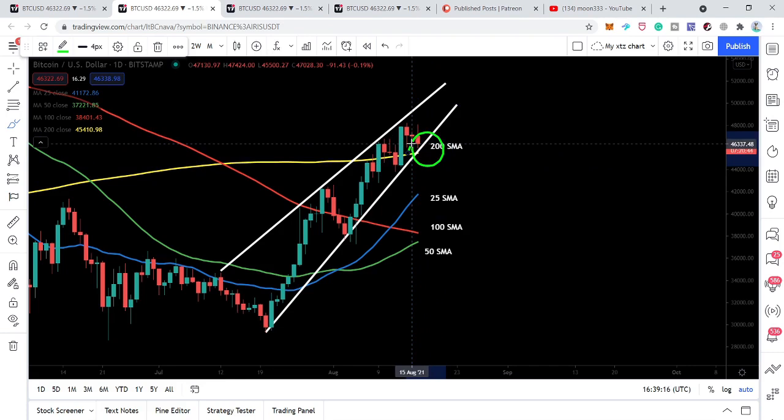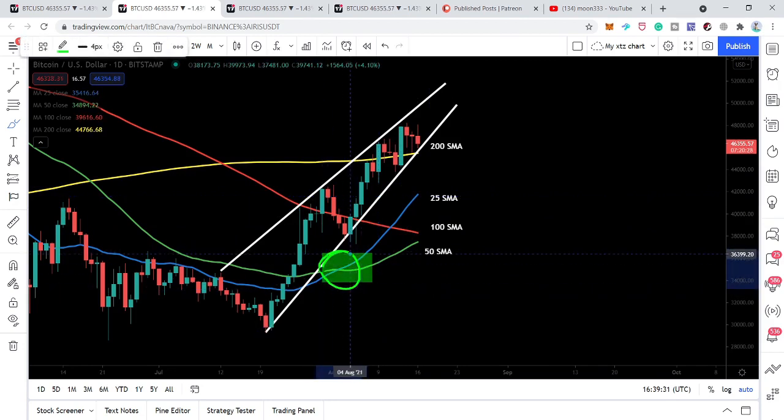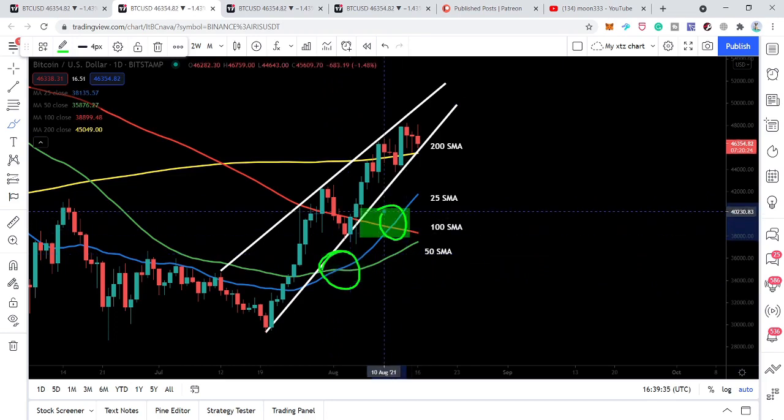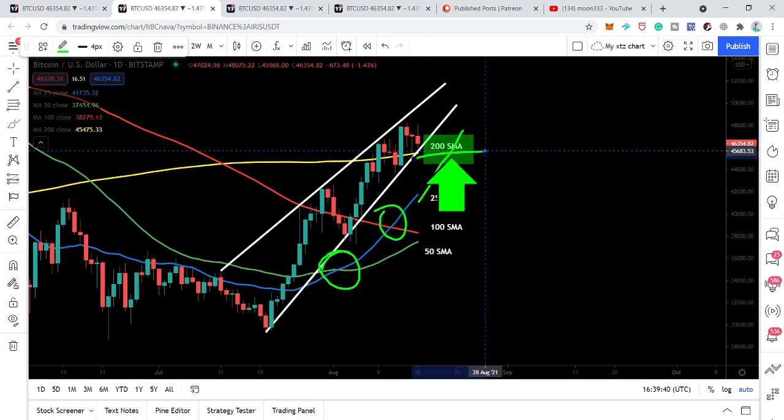But the more important thing is that we have the small time frame moving averages moving to the upside, and every small time frame moving average is forming the bull crosses with the bigger time frame. Like here the 25 crossed up the 50 simple moving average, then here the 25 crossed up the 100 simple moving average, and now it is moving up to cross up the 200 simple moving average as well.